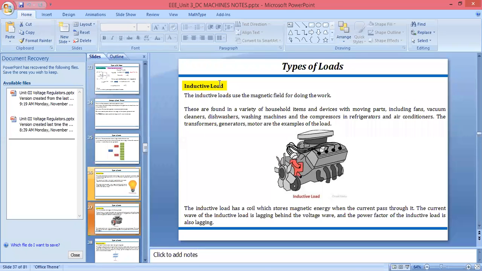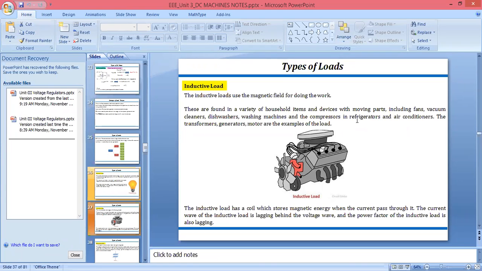Because what inductive loads are supposed to do is give us one form of energy. If you see here, I have given some examples: dishwasher, washing machine, compressor in the refrigerator. These use the magnetic field as the input, and they give us energy at the output.